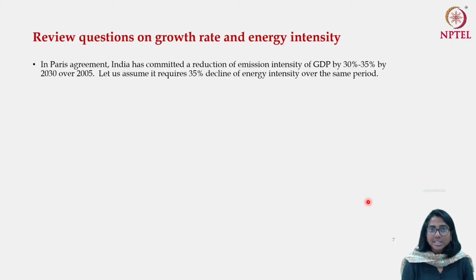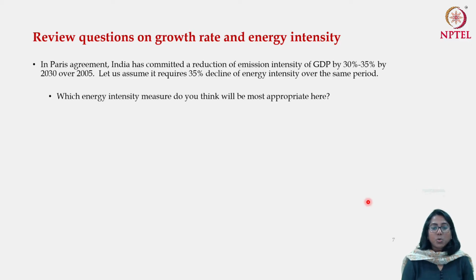Let us assume, and this is a strong assumption but only for analytical purposes, a back of the envelope calculation, that in order to achieve this 30 to 35% decline in emission intensity of GDP, India requires to reduce the energy intensity by 35% over the same period of time. So India has to reduce the energy intensity of its GDP by 30% by 2030 over 2005.